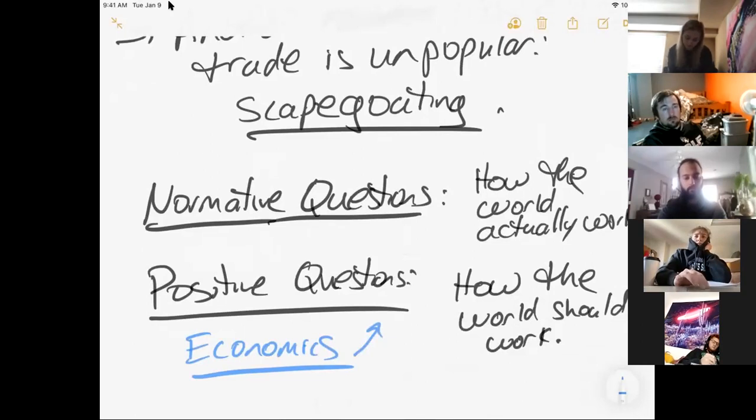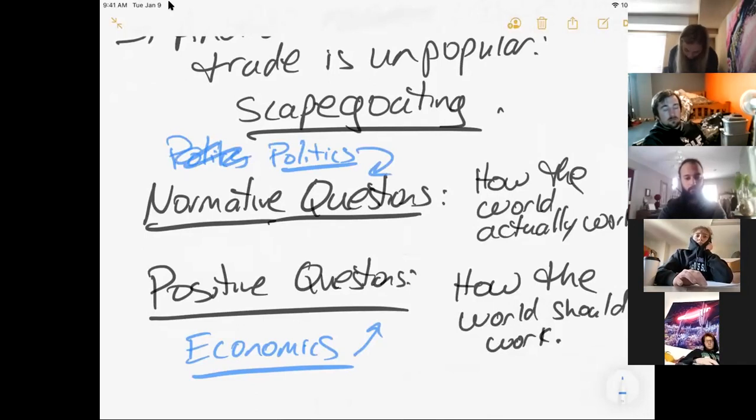In other words, how the world should work, right? But when it comes to the way that the world actually works, this is where politics comes in, right? Because politics in many ways is how we actually try to get to the answers of these positive questions.